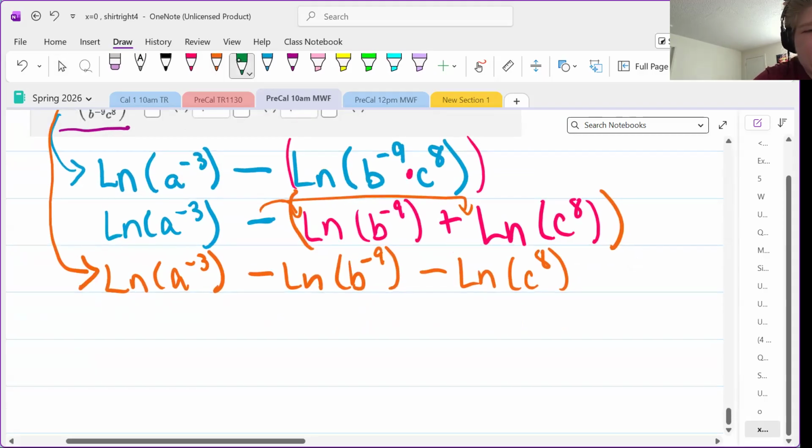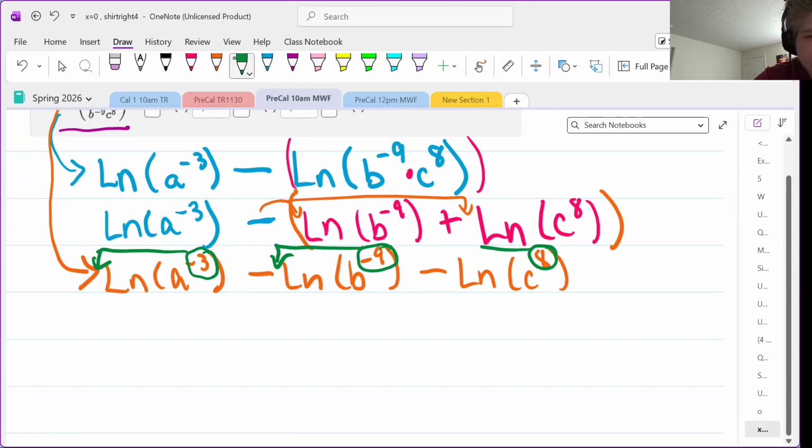All right, now our last property is our power down rule. So it's going to bring all of our powers down in front. So this is going to be a negative 3 in front of the natural log of a.